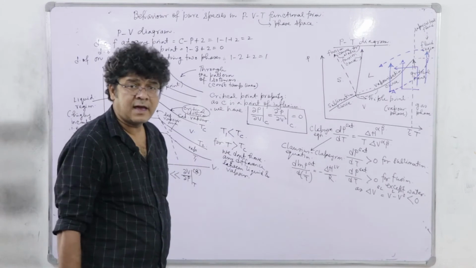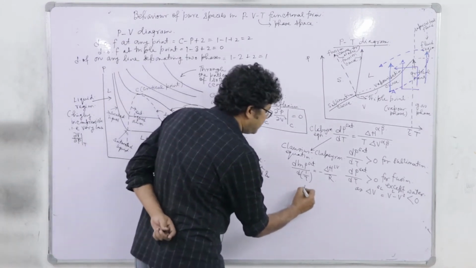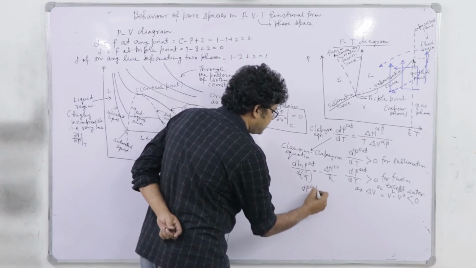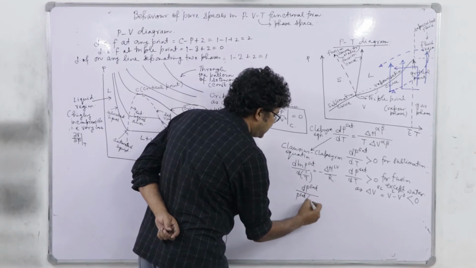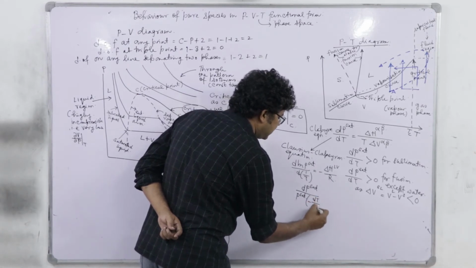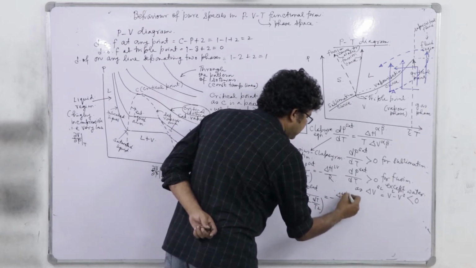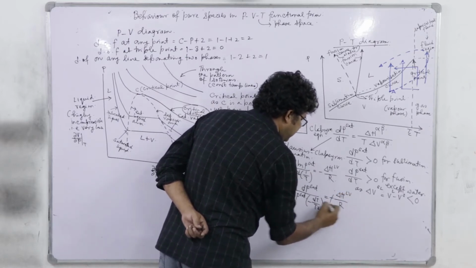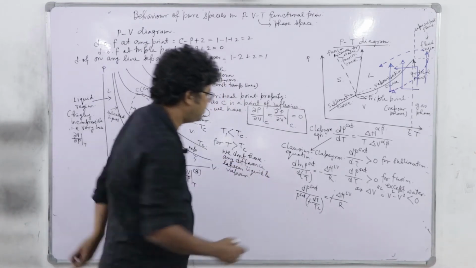So, the slope of this dPsat/dT curve is actually positive, because if we split, it will be dPsat by dT, and this will be minus of dT by T squared, as you all know, right. So, this is minus ΔH LV by R, and the minus and this minus cancel out. So, we have dPsat/dT positive.